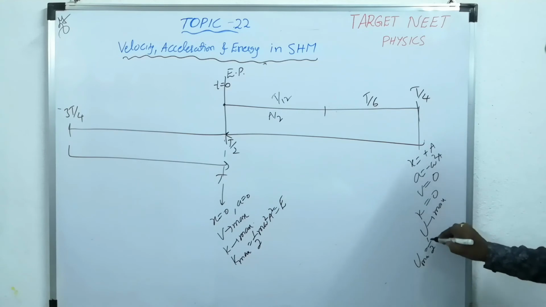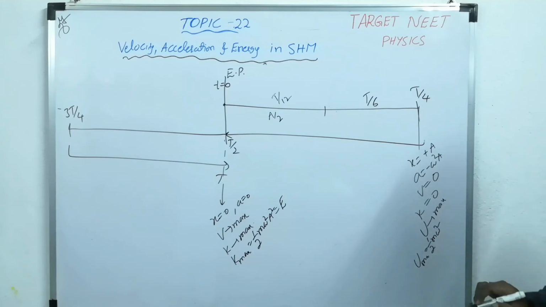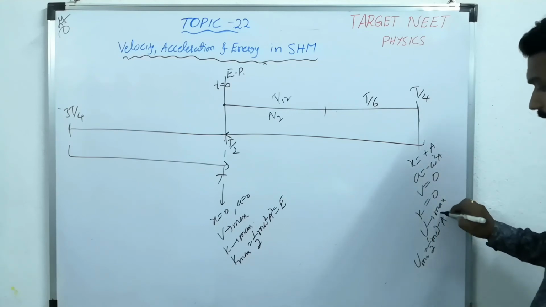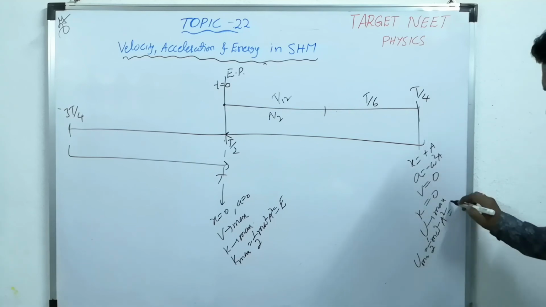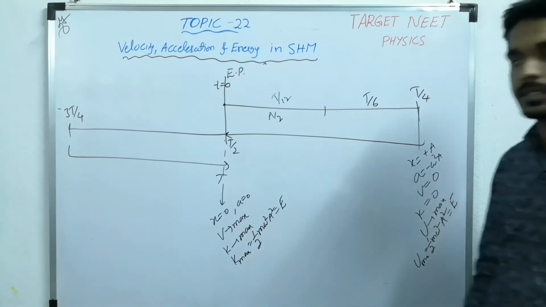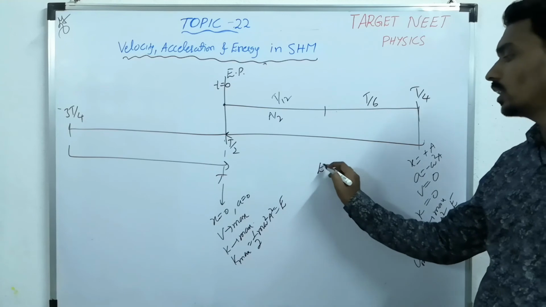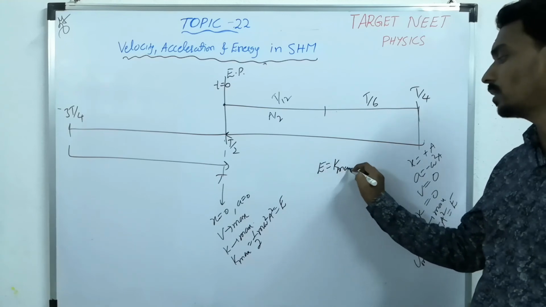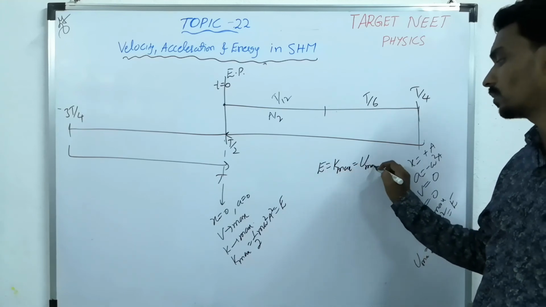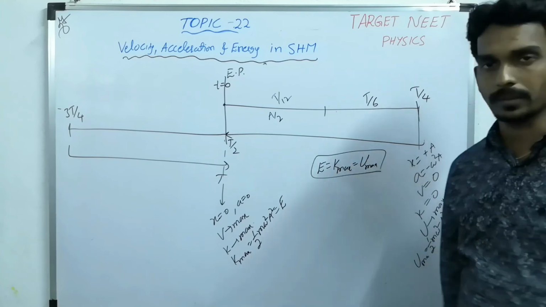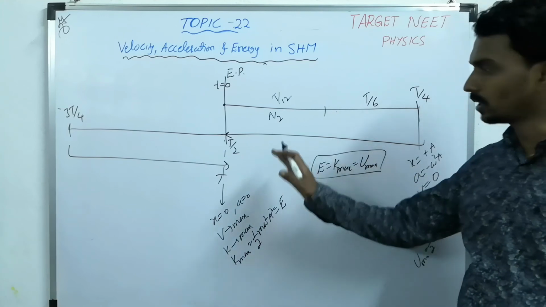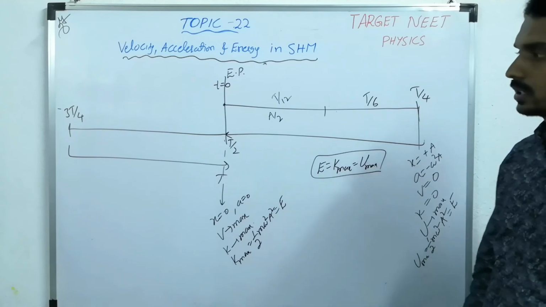Half k x square or half m omega square x square. X is how much? A square. And this is also equal to what? Total energy. So the total energy is equal to maximum kinetic energy or maximum potential energy. So this way you can relate all the things together.